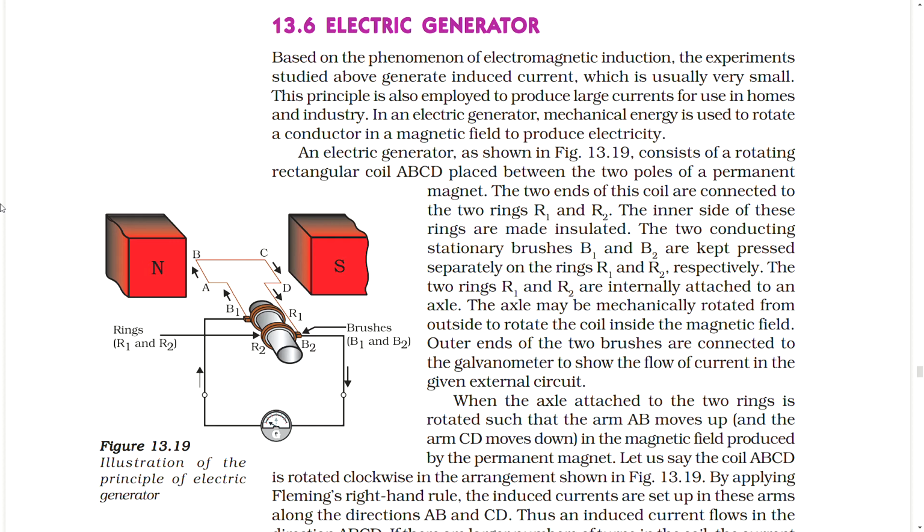The two rings R1 and R2 are internally attached to an axle. The axle may be mechanically rotated from outside to rotate the coil inside the magnetic field. Outer ends of the two brushes are connected to the galvanometer to show the flow of current in the given external circuit.